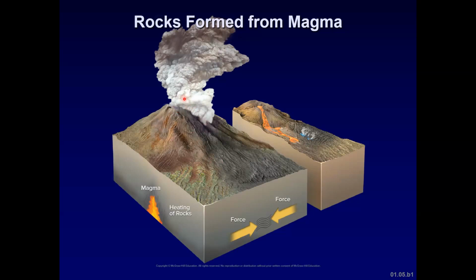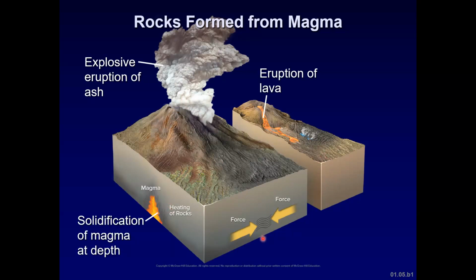Lava coming out of a volcano solidifies into rocks. But magma that doesn't reach Earth's surface cools and becomes rock under the Earth's surface. Heat around the magma chamber can bake or change nearby rocks by contacting it.